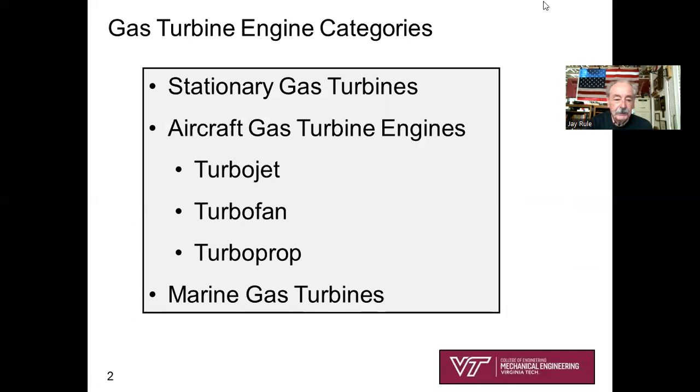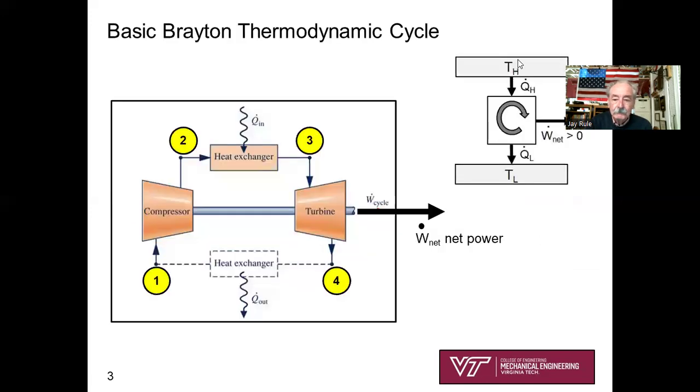What I'd like to do is show you some images of stationary gas turbine engines, land-based, aircraft gas turbine engines, how they're used in different applications, and then finally, marine gas turbine engines. So remember, in all these examples that are coming up, basically we model these engines with the basic Brayton cycle.